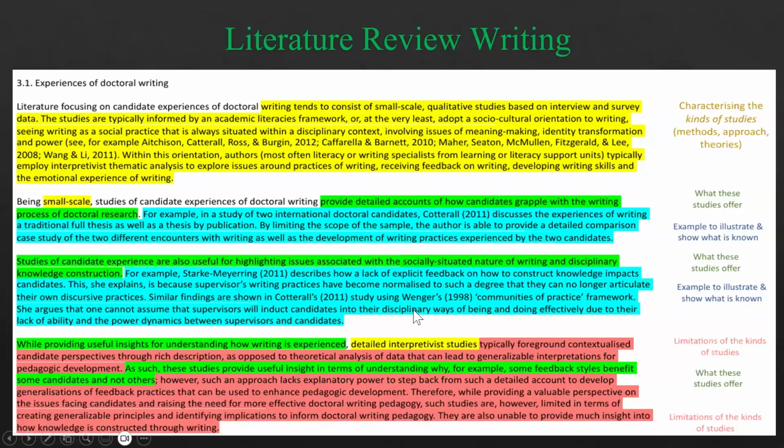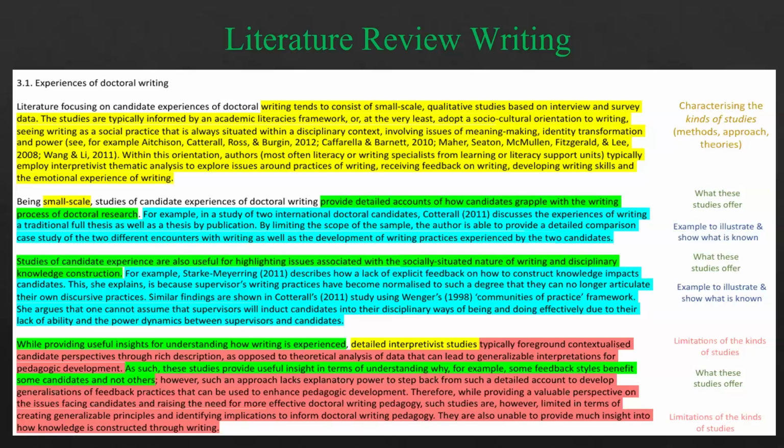And just on a final point here, because I know it's just after 1 o'clock already, I've included here, we spoke about, instead of having that laundry list of authors, you then begin to write around particular themes and use the authors to support those themes. This is an example of that. The first paragraph is an example of talking about the methods, the approach, and the theories that the studies have adopted.